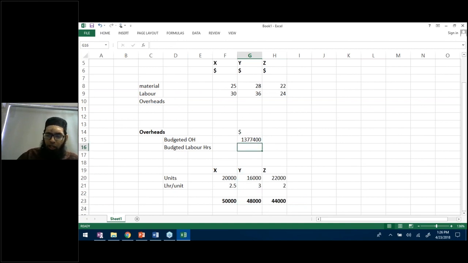Hence, my budgeted total labor hours will be equal to the sum of the labor hour of X to the labor hour of Z. So the budgeted labor hours were 142,000. This will mean the OAR is equal budgeted fixed overhead divided by budgeted labor hour. So it is 9.7.